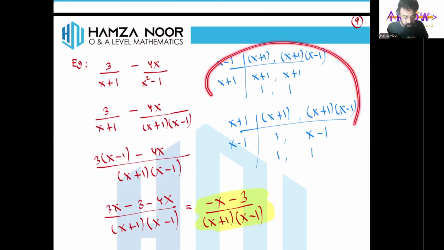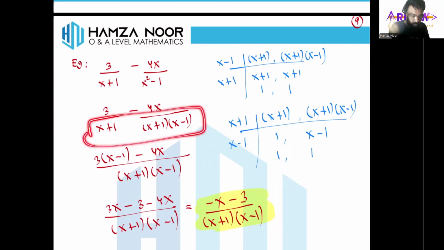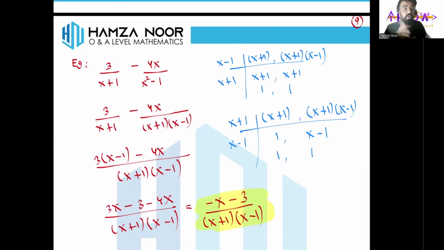But right now we are dealing with the initial questions, so I'm going to mention these steps as well, and over the period of time, you can simply identify the LCM in a moment, according to the rule which I've described. The thing which is being exactly repeated will come once and the other things will be multiplied together. All right, you need to remember this.